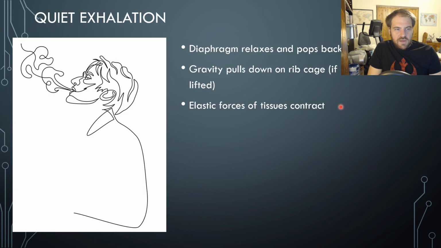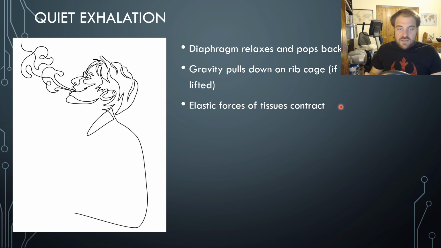All right, now there was a slide that I skipped over. Gravity is a big portion of quiet breathing. The rib cage is going to fall due to gravity. We can force that if we want to with muscular contractions, but it'll fall on its own with gravity.